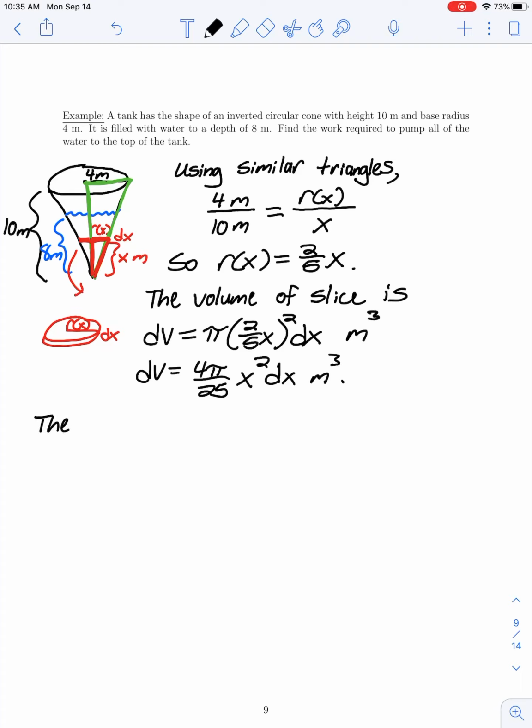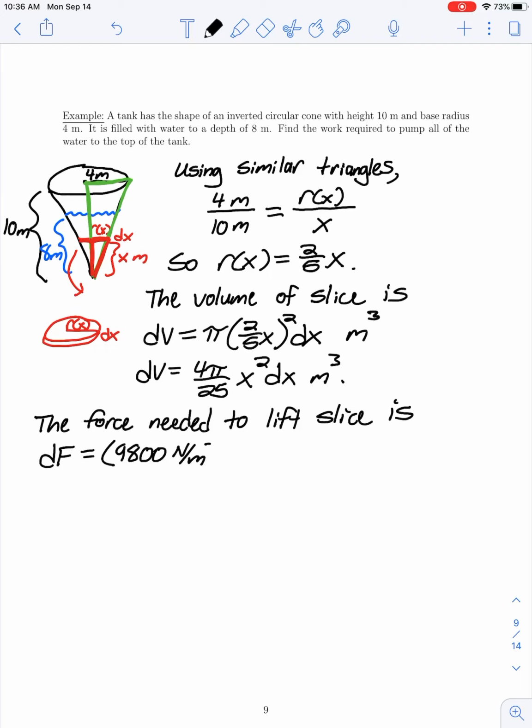So here, let me say the force needed to lift this slab, or my slice of liquid, is dF, which would be found by taking the weight density of water, which in our last example was given as 9,800 newtons per cubic meter, and we're multiplying by this volume, 4 pi over 25, x squared dx, cubic meters.